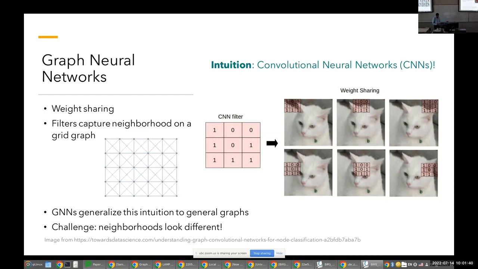One of the challenges is that you don't have this structured grid where every node looks the same with respect to its neighbors. The neighborhoods can look different at different nodes. That's one of the challenges, but GNNs have stepped up to address it.